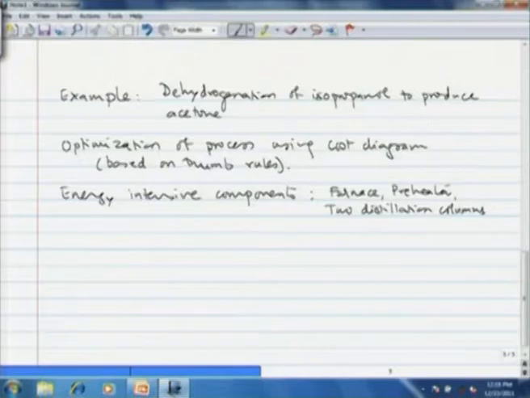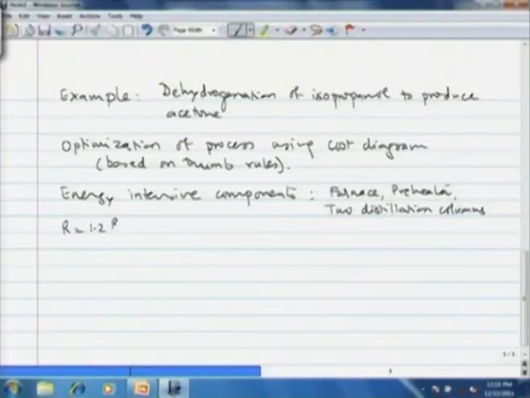Let us assume that the distillation column was designed with the heuristic of reflux ratio R equal to 1.2 times R minimum, the minimum reflux ratio, which is the heuristic for distillation columns. However, the cost distribution that comes for the distillation column may not be optimum.